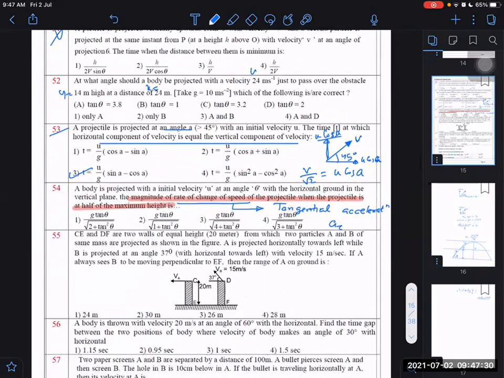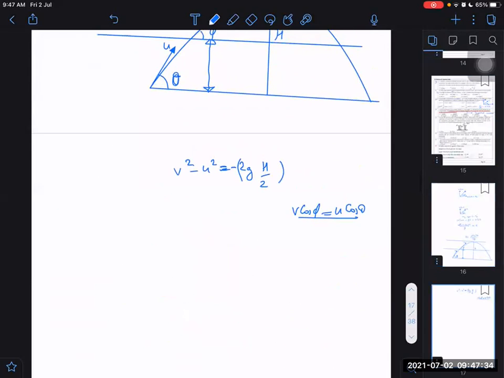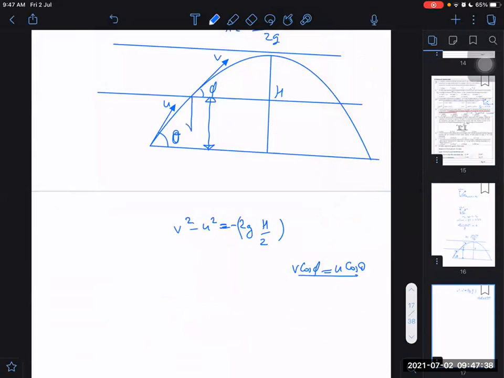They are asking for tangential acceleration. Tangential acceleration I can get by knowing this angle phi. Why? Because I know the angle made by g with the vertical, if the velocity makes angle phi with the horizontal, is 90 degrees minus phi.